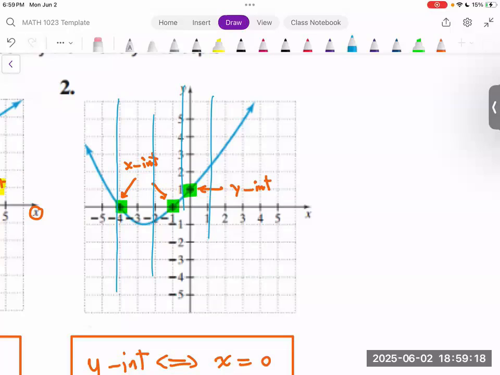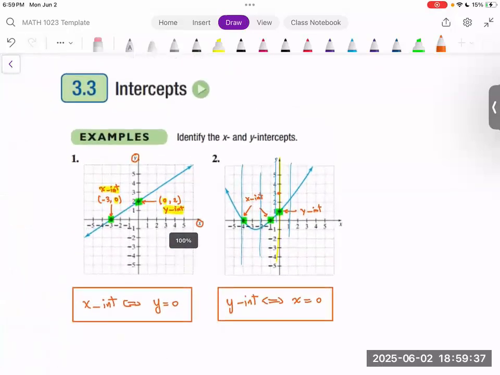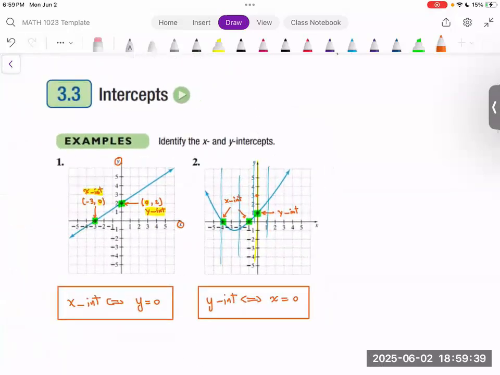Because if I had 2 points on the y-axis, the graph is not a function anymore. So for functions, you always have at most one y-intercept. You cannot have more than one. Okay, I hope this is clear. The property is highlighted there, so you know how to find the x-intercept and the y-intercept, right?